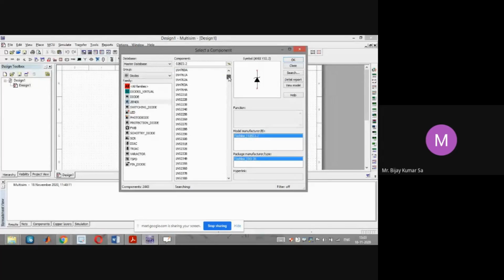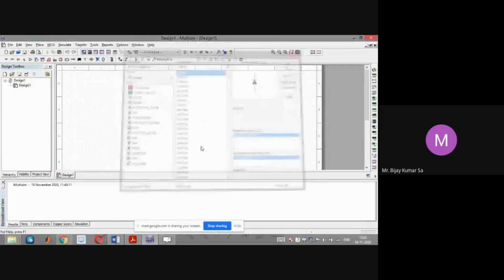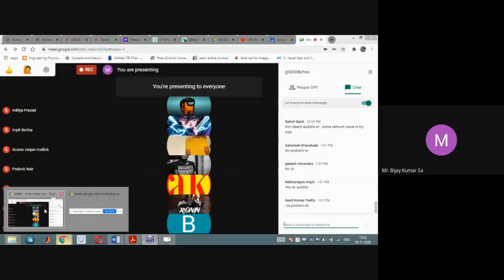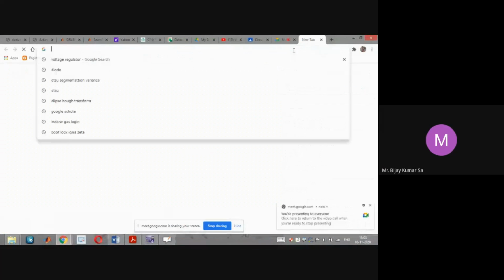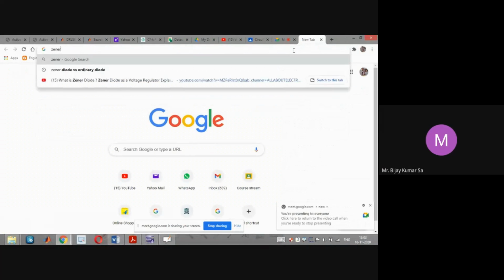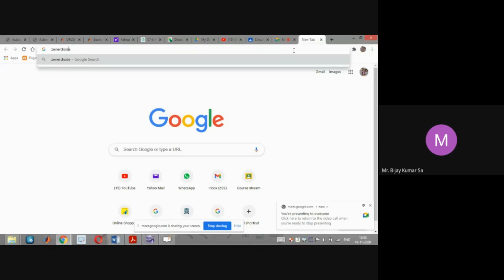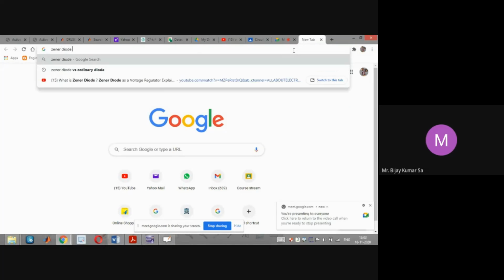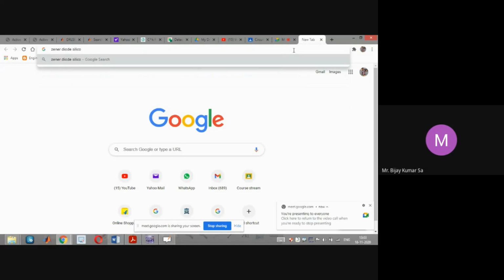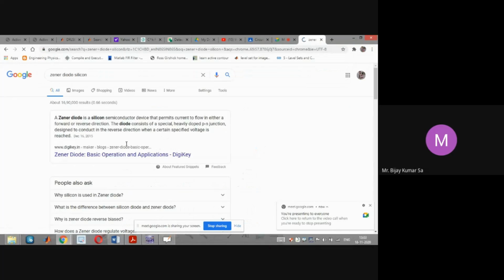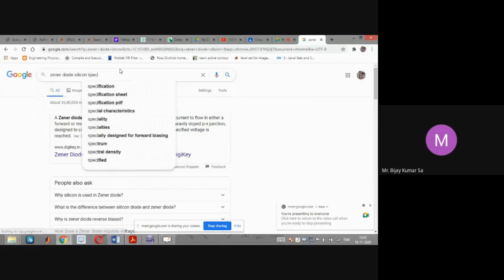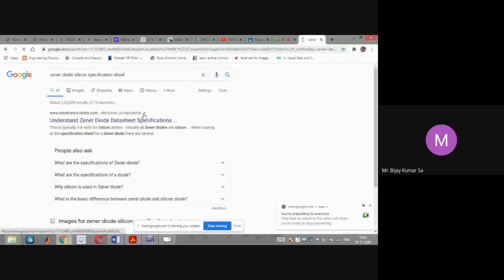There is a list of zener diodes in the library. Let me select a popular diode. Let me Google some zener diode, a silicon zener diode. This is it.